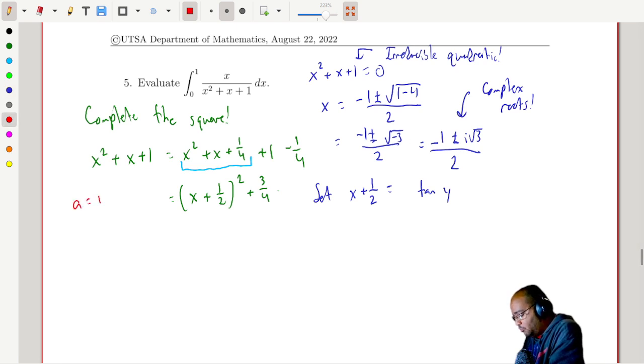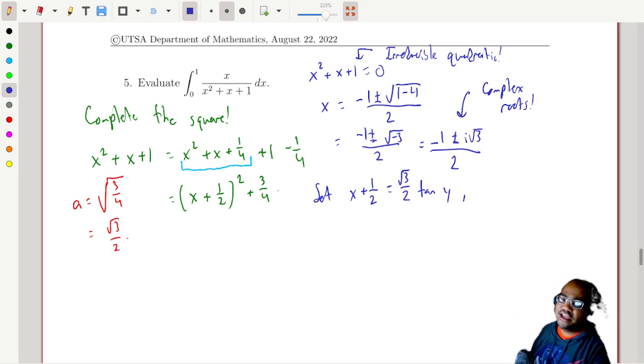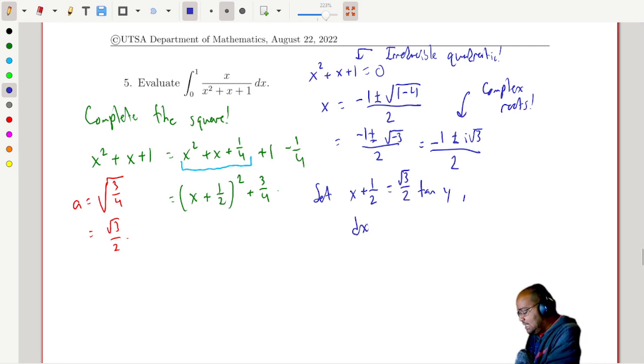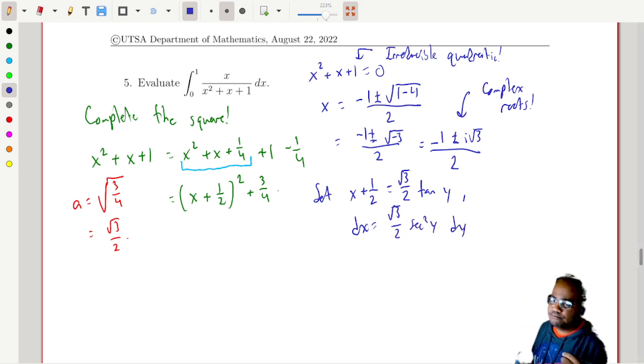For a, we take the square root of the number that we're adding there. Well, that's just the square root of 3 over 2. So a is the square root of 3 over 2. So x plus 1/2 is square root of 3 over 2 tangent y. And so that means dx is equal to square root of 3 over 2 times secant squared y dy.